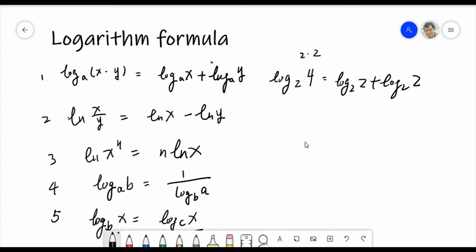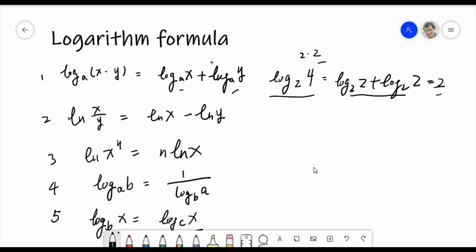This is 1, and this is 1, so it's 2. If we solve it directly, log base 2 of 4 is 2, right? So this proves that the logarithm of the product of two items can be changed to a sum, but the condition is that they have to have the same base.